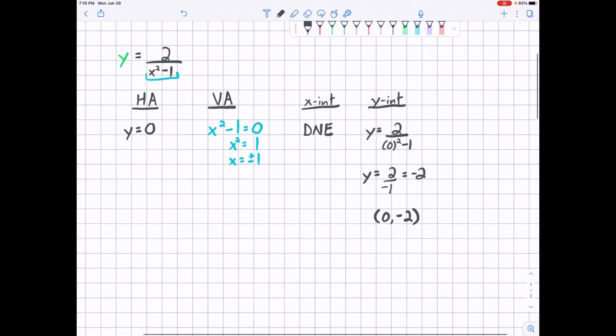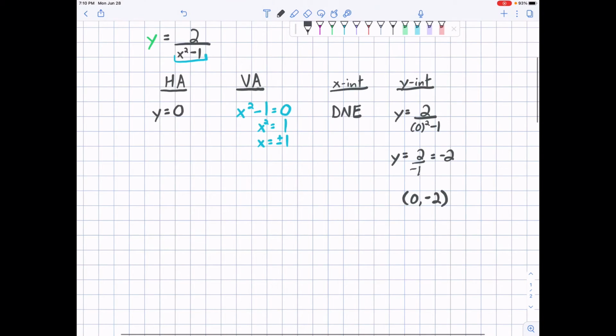I'm going to take the derivative of this function, and I'm going to do it using the chain rule. I'm not going to use the quotient rule, because I don't have a variable in my numerator. I'm going to take the expression in the denominator, move it up, and put it to a negative exponent.